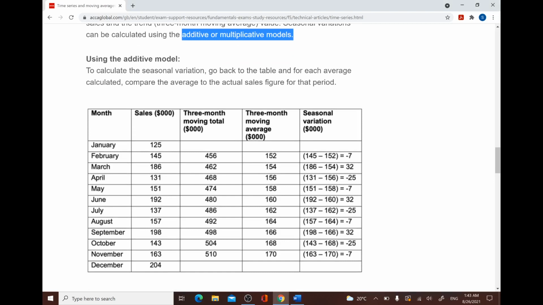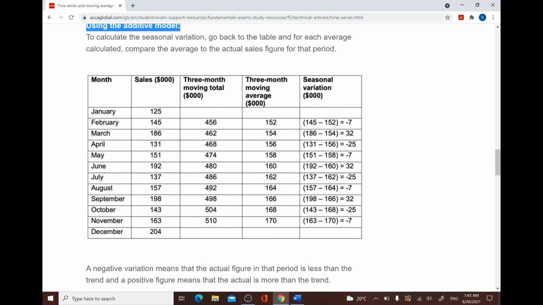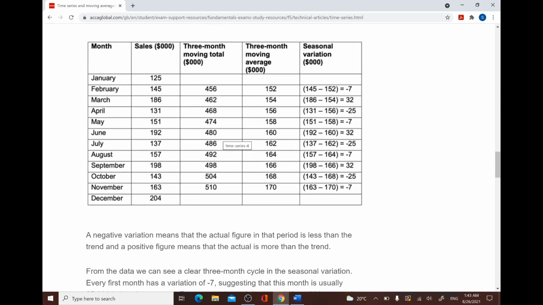All right, so let's have a look at this. Now we're going to kickstart with the use of the additive model right here. To calculate the seasonal variation, we have to go back to the table, and from here, I'll be able to brief you. Now first of all, we understand that the moving totals were derived earlier, and these are all the moving averages.